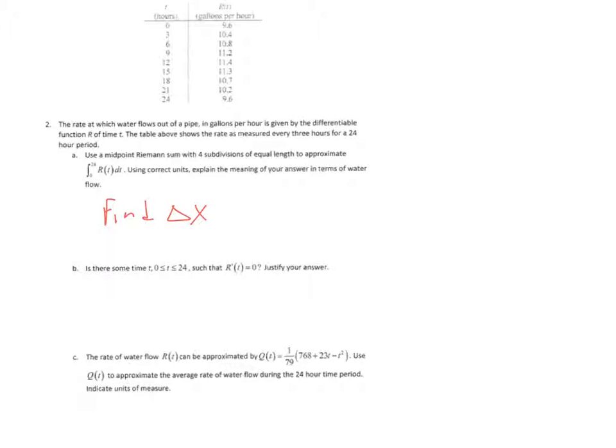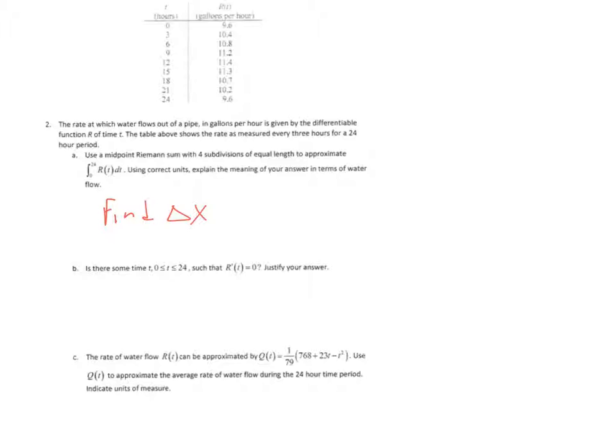In terms of part C, you're given a function q of t, which can be used to approximate r of t. And they want you to find the average rate at which the water flows in that 24-hour period. That is something that we talked about once we started with the fundamental theorem of calculus.